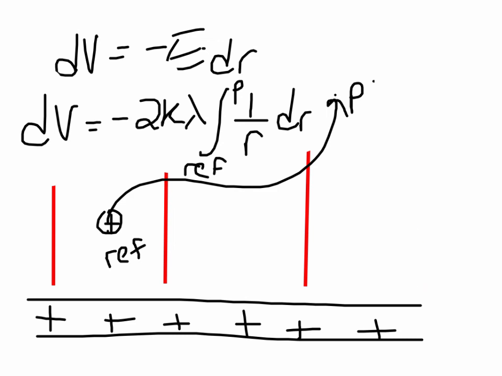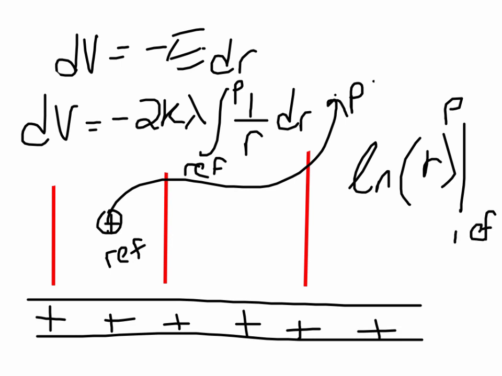The 1 over r integral is actually the natural log of r. If I put in my two bounds, point P and my reference point, I would have to subtract natural logs.